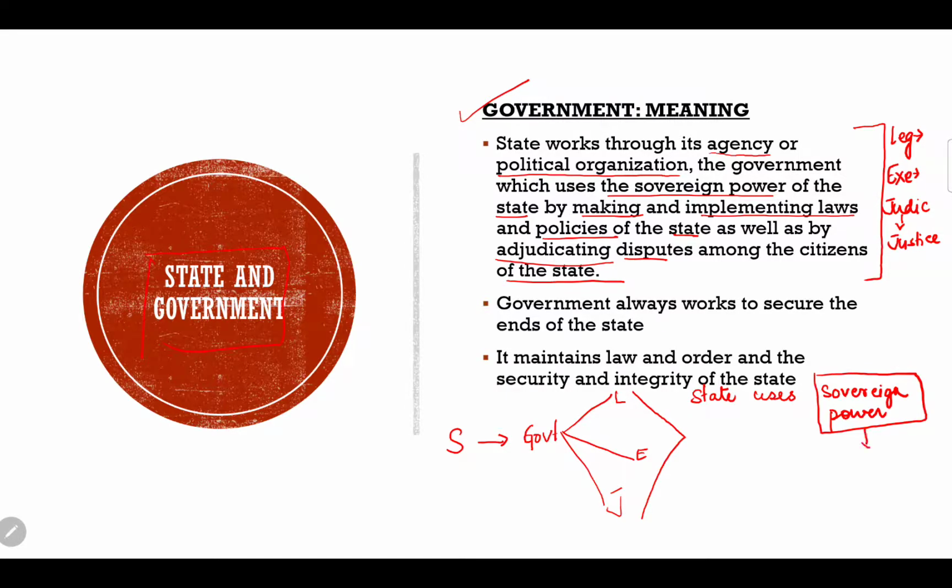Okay, rule or authority. Whenever there is a lawmaking body, executive means the one who executes the laws, and judiciary is the body that settles disputes.